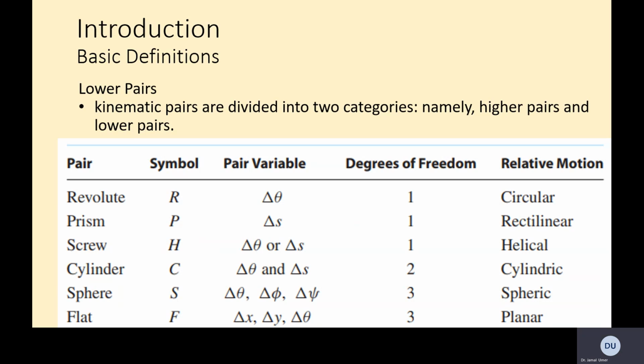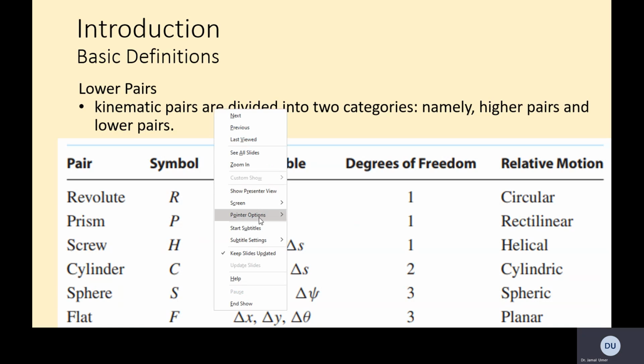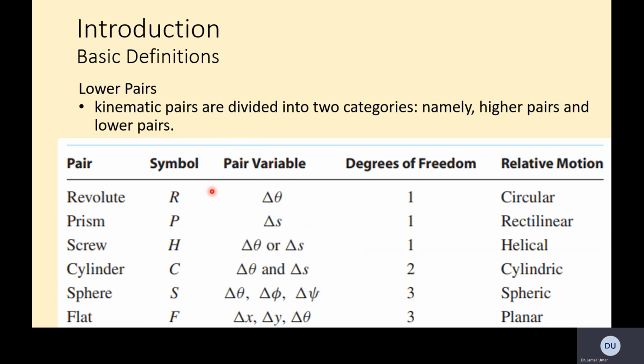So this is a continuation of some of the stuff we have studied in our last lecture. We did discuss the classification of kinematic pairs, or the word being written as a pair in most of the textbooks.